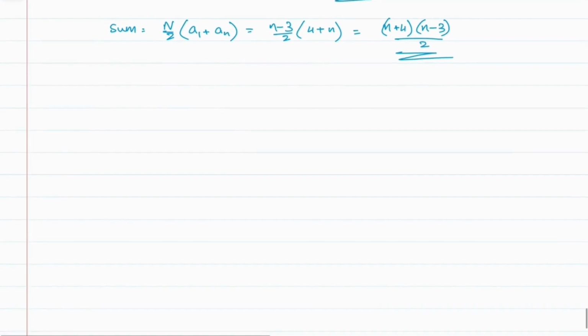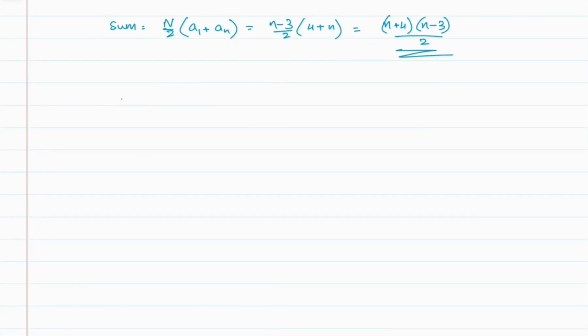Now let's see one more case in which again we are going to start from 4 plus 5 plus 6 plus so on up to here. Instead of taking the last term as n, I am going to consider that the number of terms is n. So we don't know the last term, but we know the first term and we know the number of terms. Then we can use the formula that the sum will be equal to number of terms by 2 into 2 times the first term plus n minus 1 into d.